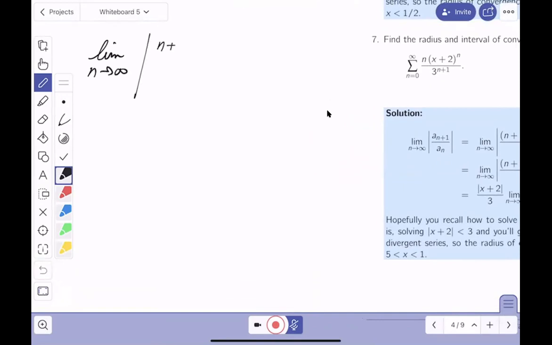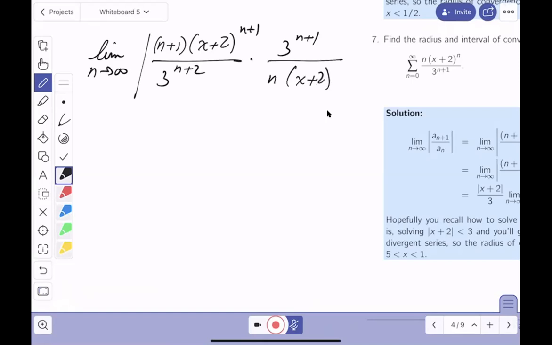A year from now, it may not be simple because you can't remember. So you get n plus 1 over 3, that would be n plus 2 now, times the reciprocal, since dividing by it, 3 to the n plus 1 over n, x plus 2 to the n, less than 1. Fairly simple, basically an algebra skill at this point.